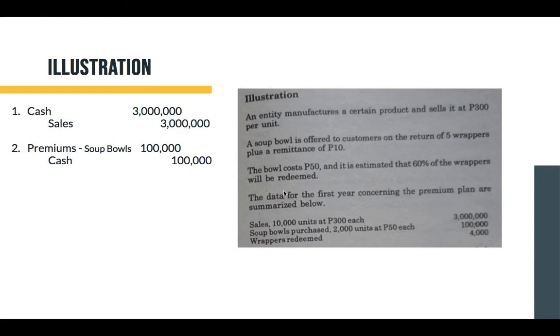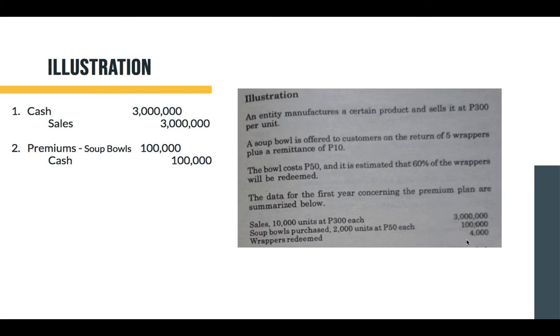Next, the third date is when the customers actually redeem the premiums. It's mentioned here that wrappers redeemed are 4,000, and 5 wrappers are needed for 1 soup bowl.